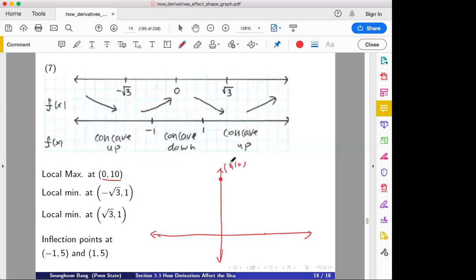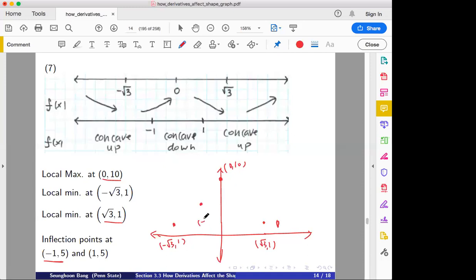Next, you plot negative root 3, 1. I can plot it here. This point is exactly negative root 3, 1. Another one, root 3, 1. This point is exactly root 3, 1. Then you can plot minus 1, 5. Here, minus 1, 5 is here.